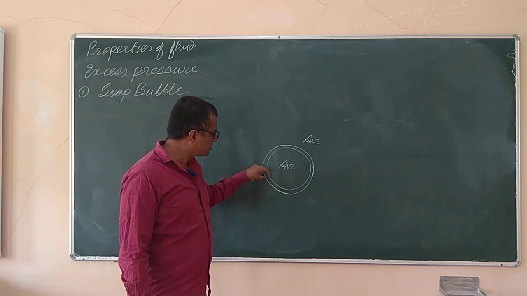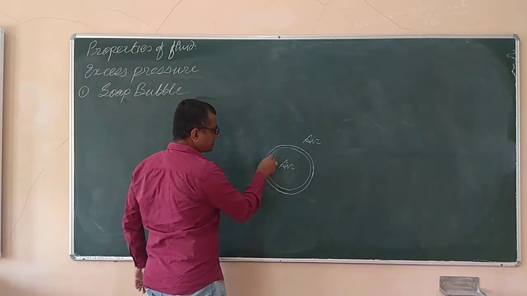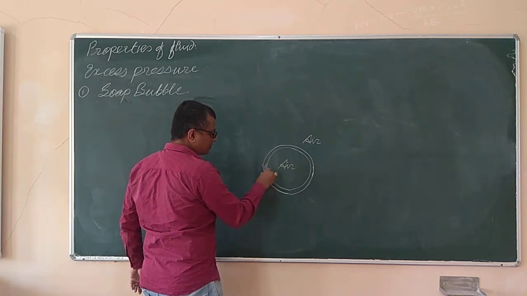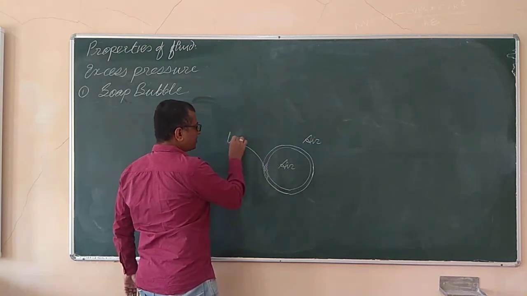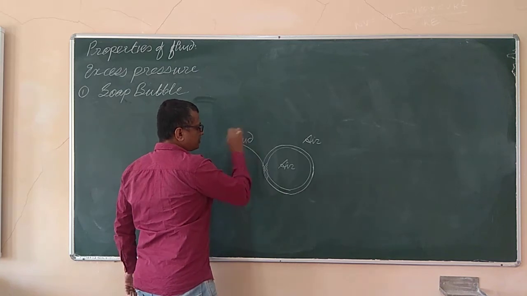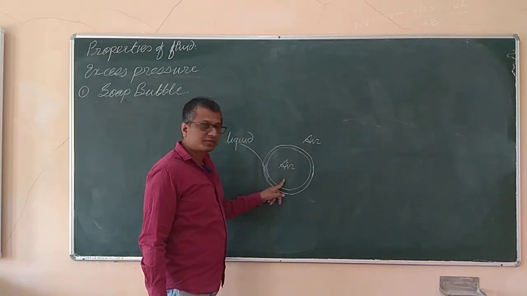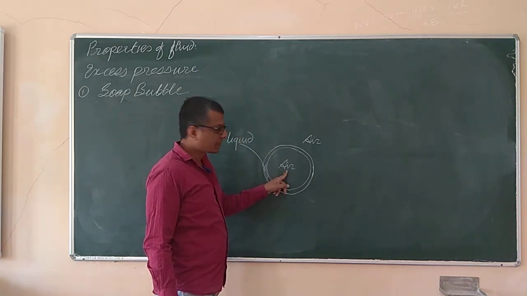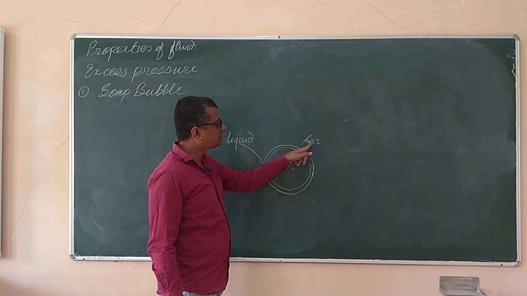So this is the soap film, meaning this region is liquid. This region is liquid. The inner region of the sphere is air. The outer region of the sphere is air.